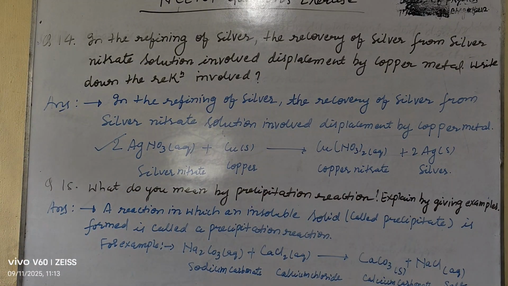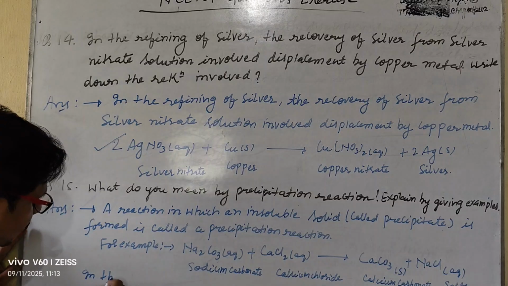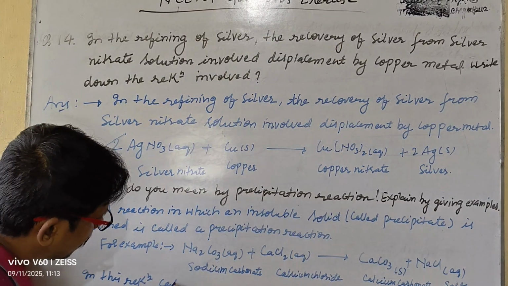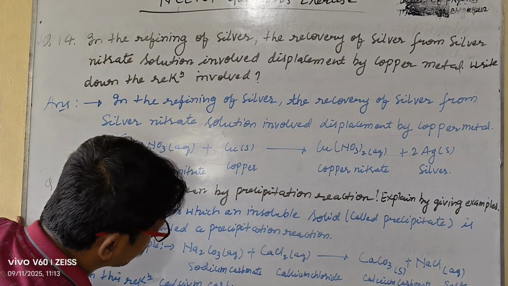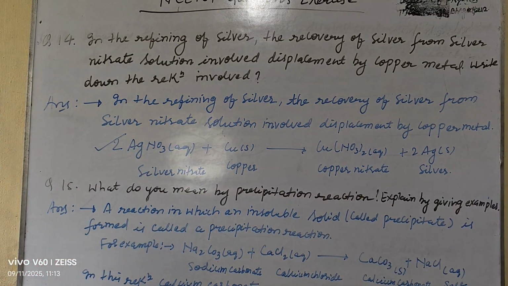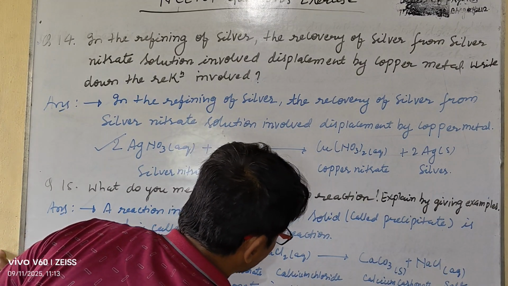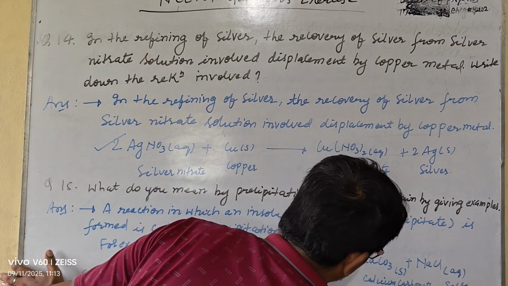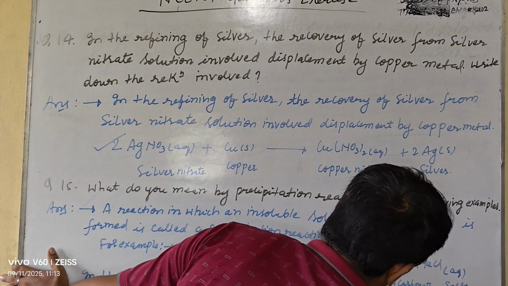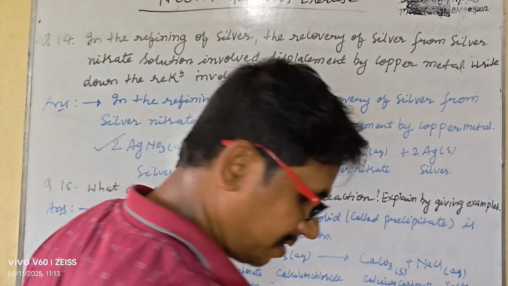The reaction in which an insoluble solid called a precipitate is formed is called a precipitation reaction. In this reaction, calcium carbonate is obtained as a precipitate.